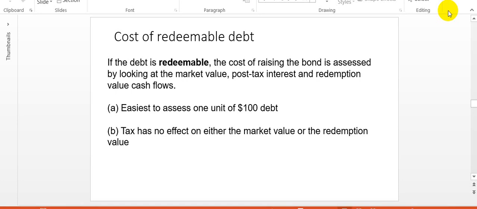As alluded earlier, the bonds are given in nominals of 100. So tax has no effect on either the market value or the redemption value. But tax will have an effect on the interest.